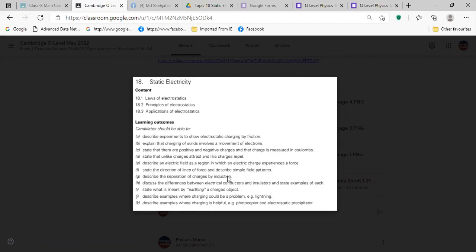That one is done, right? Now we will go for C, D, then E, F together. And we also got this one, that state what is meant by earthing a charged object. This one is also done, right? What is called earthing, Mahi?